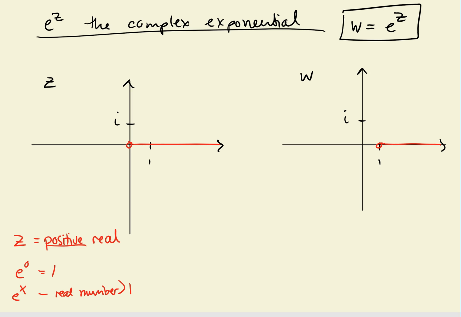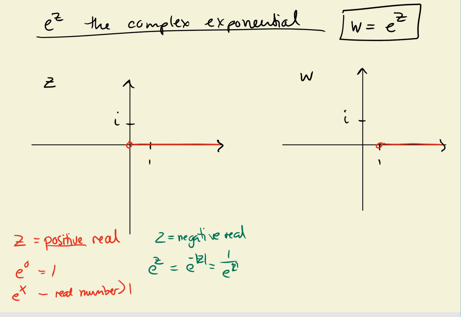What then about negative real numbers in z's place? Well, if z is a negative real, then e to the power of z is just e to the power of minus the absolute value of z, and that's the same as 1 divided by e to the power of the absolute value of z.